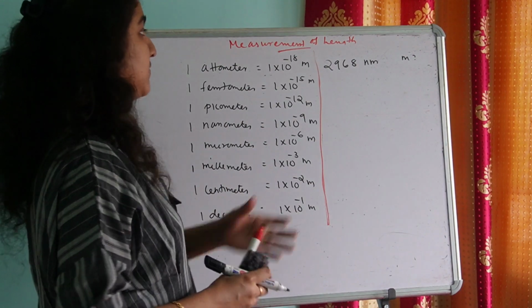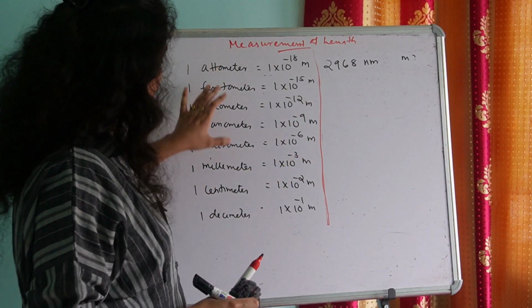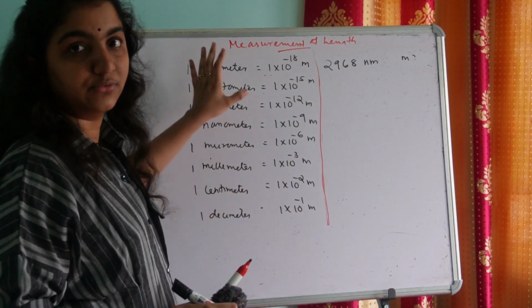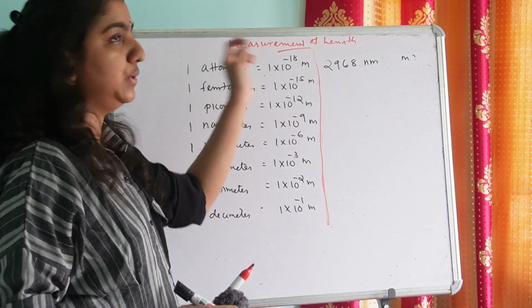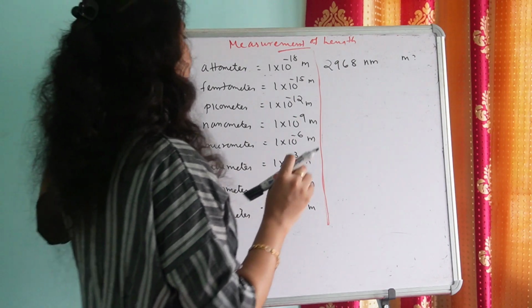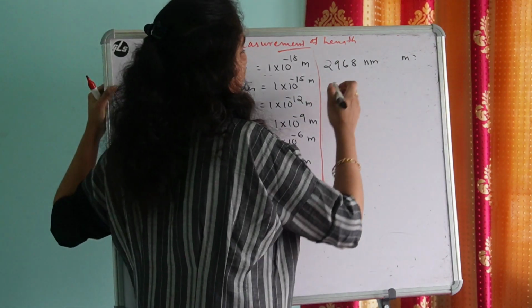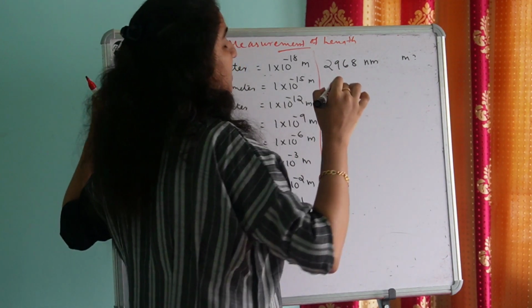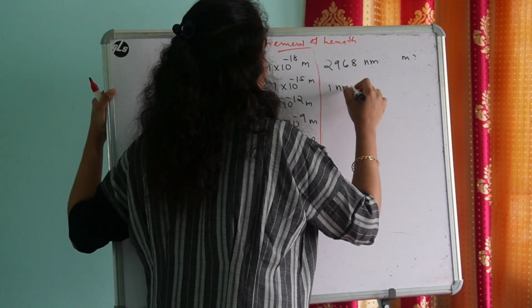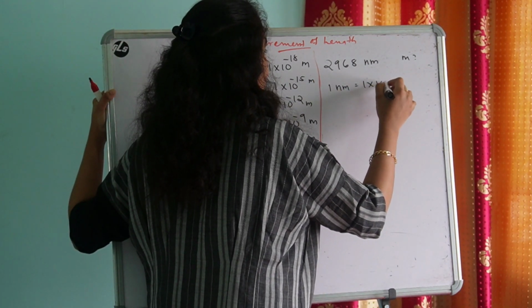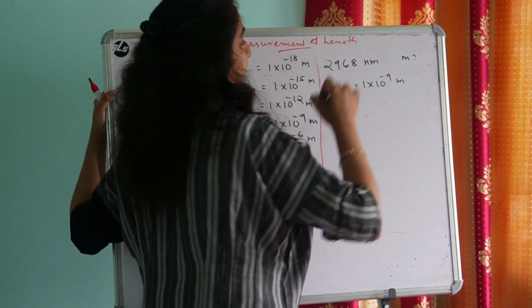So the value is given in any of these units on the left side, and you are asked to find the value in meter. The very first step is to find the relationship connecting these two units, that is 1 nanometer is equal to 1 into 10 power minus 9 meter.